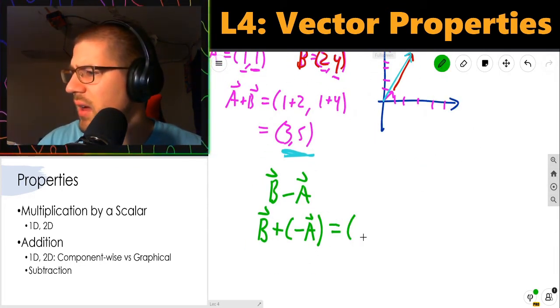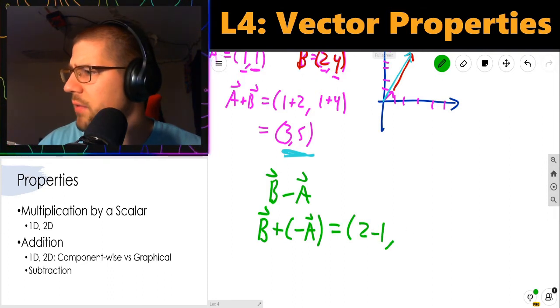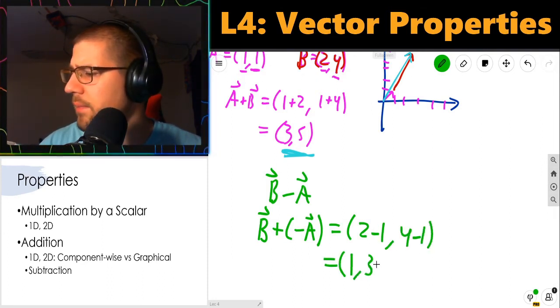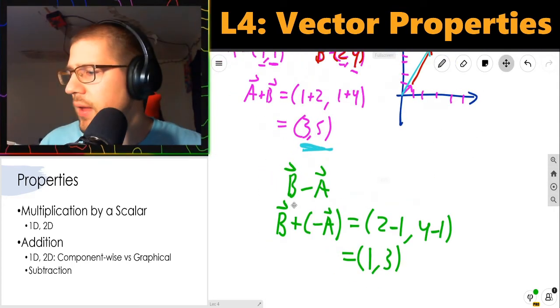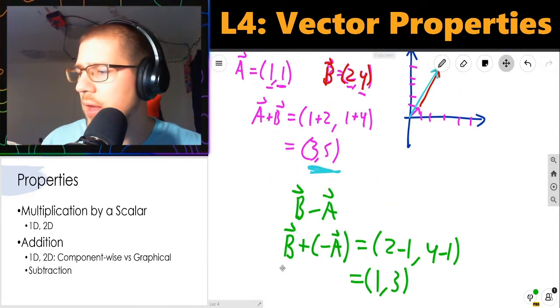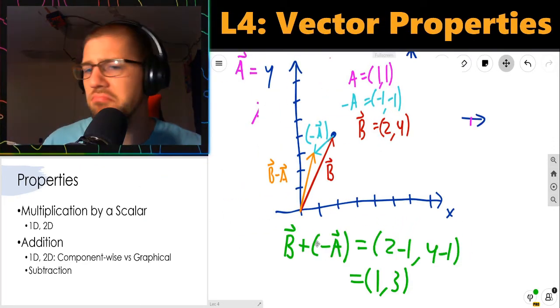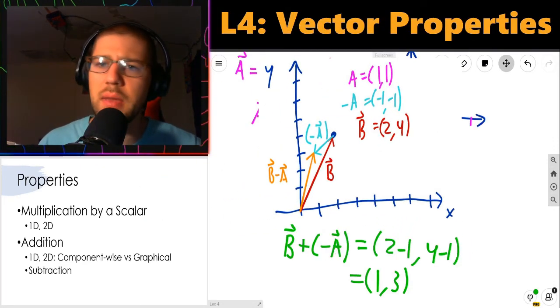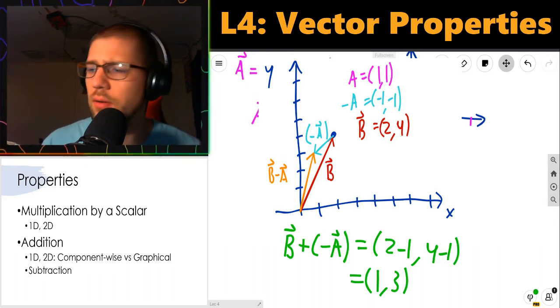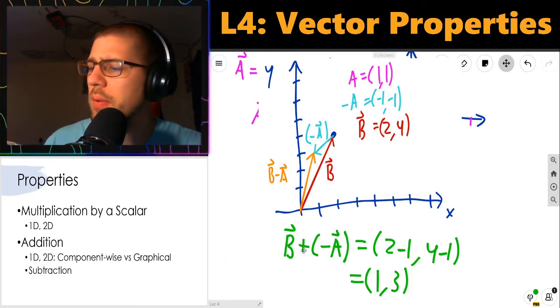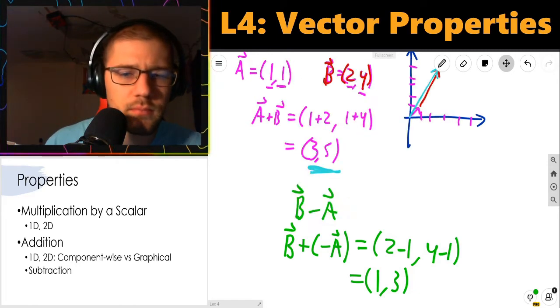I get 2 minus 1, comma 4 minus 1. So I get out the vector 1, comma 3. And graphically, I'd represent this by first drawing in b and then adding negative a to it. So it's still just head to tail addition. I've just made a flip around the other direction. The tail of a would be attached to b's head here.